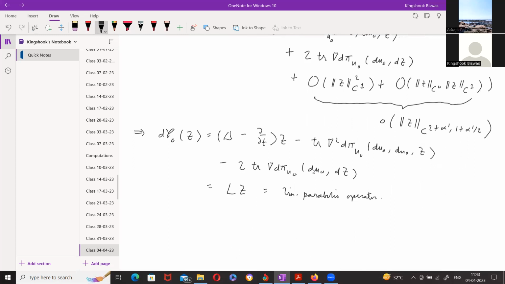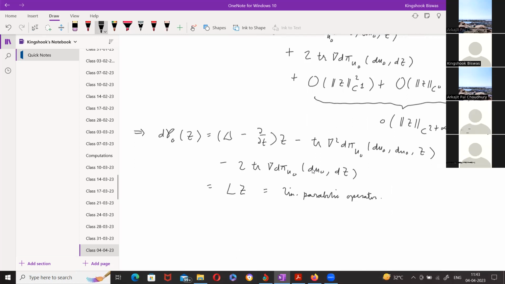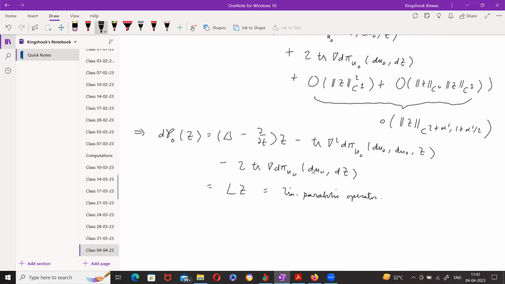So this is a parabolic operator. So by the theorem on linear parabolic PDEs, by uniqueness of solutions for L implies that this derivative dp0 is 1-to-1, and existence of solutions implies what?